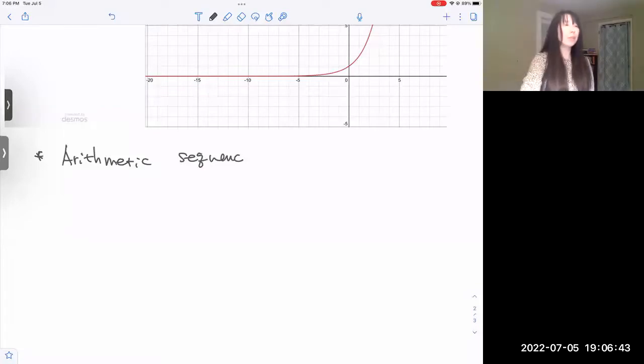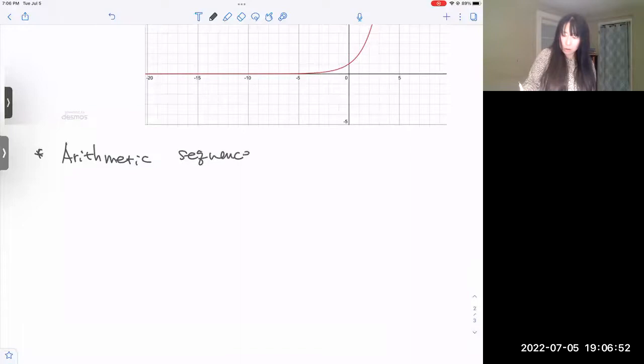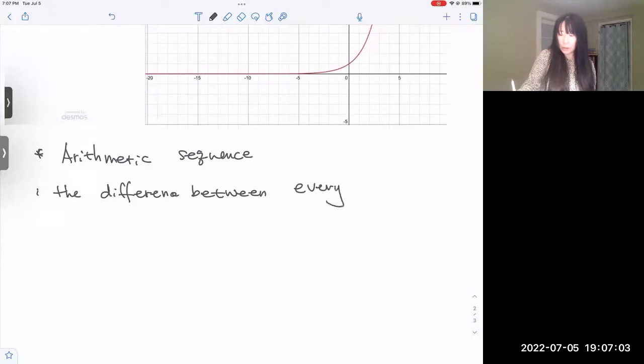Let me use it here. The difference between every pair of consecutive terms is the same.